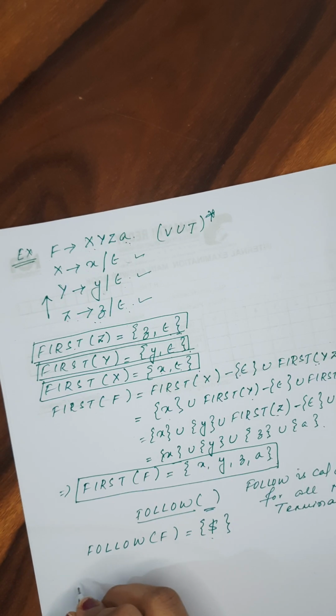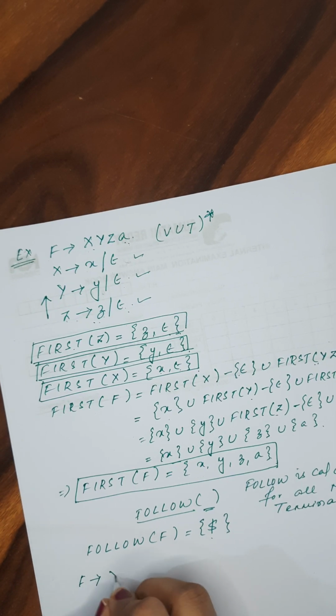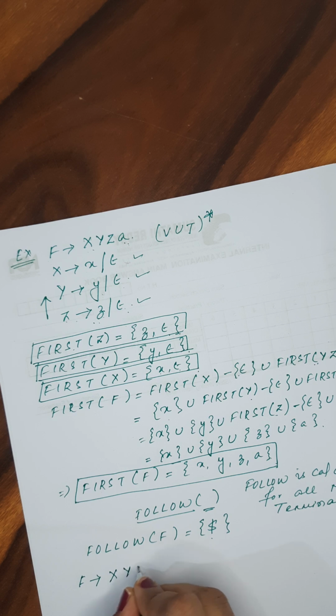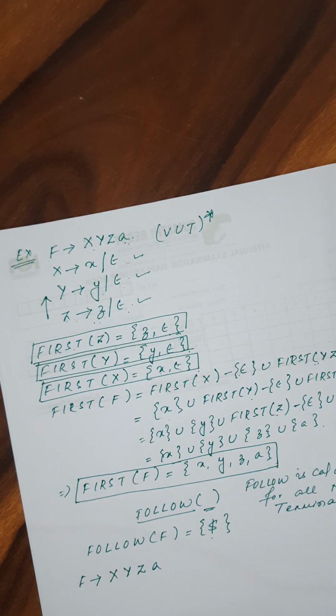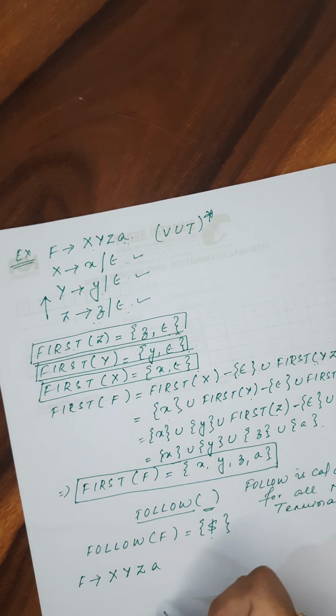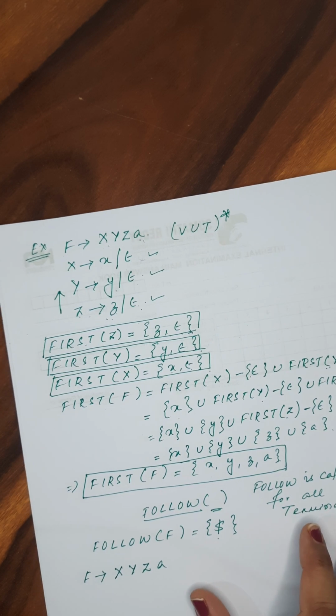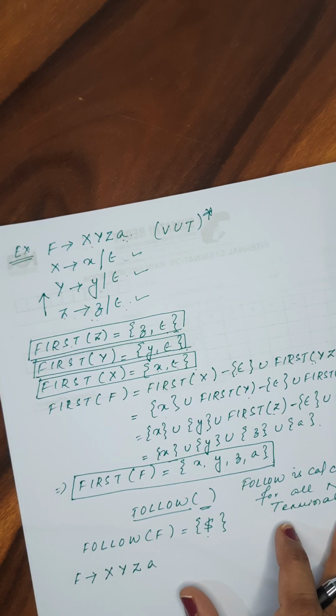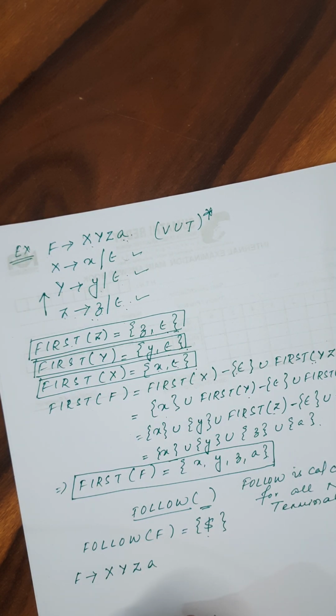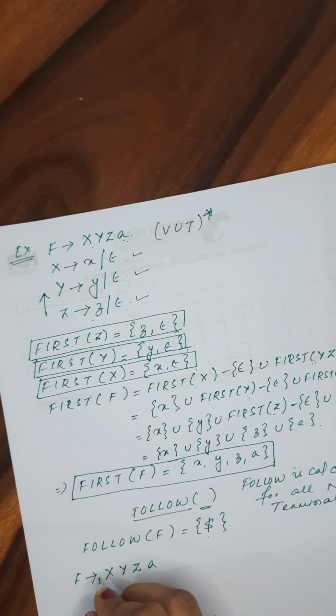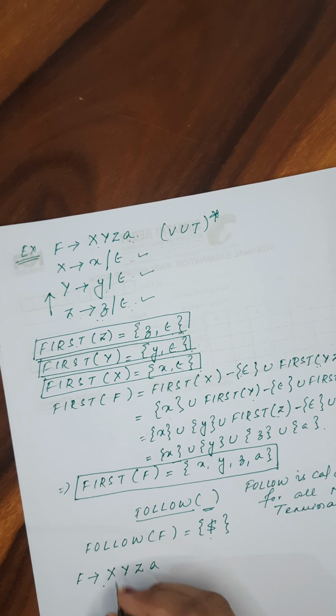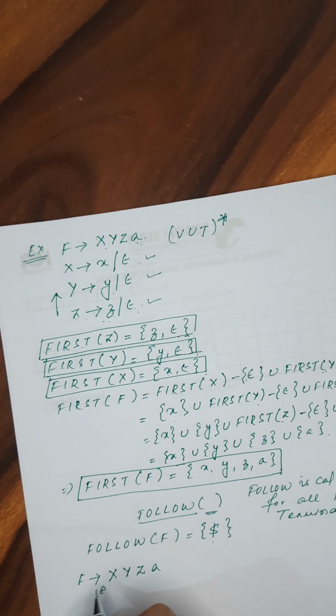If I write F tends to X, Y, Z and A. F tends to X, Y, Z, A. Now, what you have to choose, that completely depends upon you. First, I am choosing this as epsilon. I can take this as epsilon. What was the production of the form?